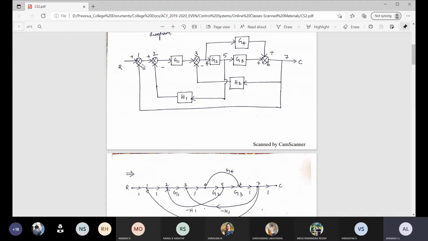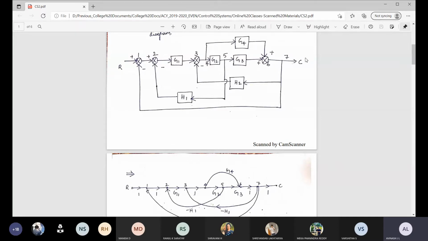Here you can see nodes 1, 2, 3, 4 in the block diagram. Nodes 1, 2, 3 are summing points, 4 and 5 are takeoff points, 6 is a summing point and 7 is a takeoff point.